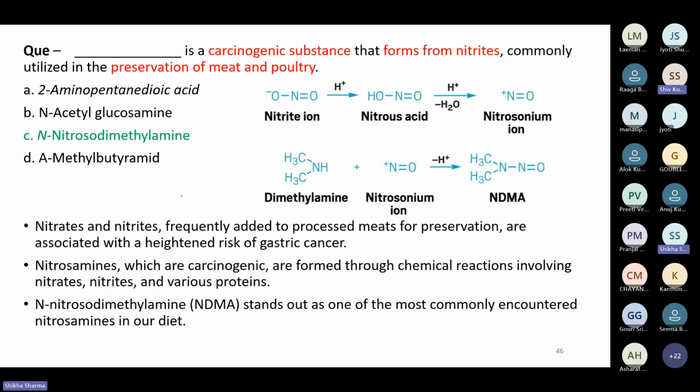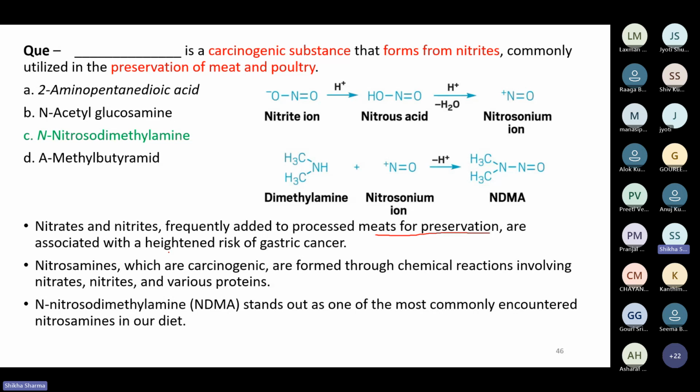You guys are correct. Nitrates and nitrites are basically added to preserved meats as preservating agents, and they form carcinogenic substances.